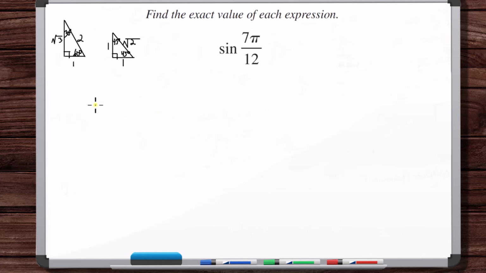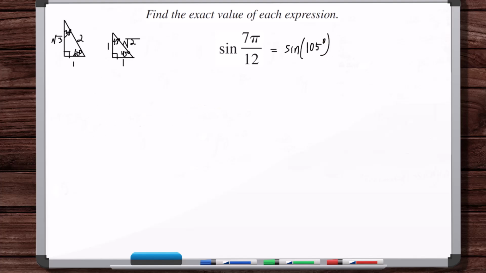Okay, 7 pi over 12 is how many degrees? So we've got pi radians for every 180 degrees. This is going to be 15. Fifteen times 7 is 105. So this is sine of 105.